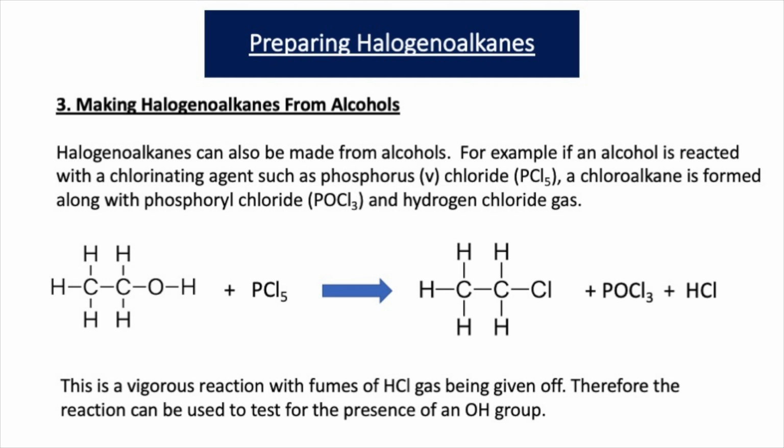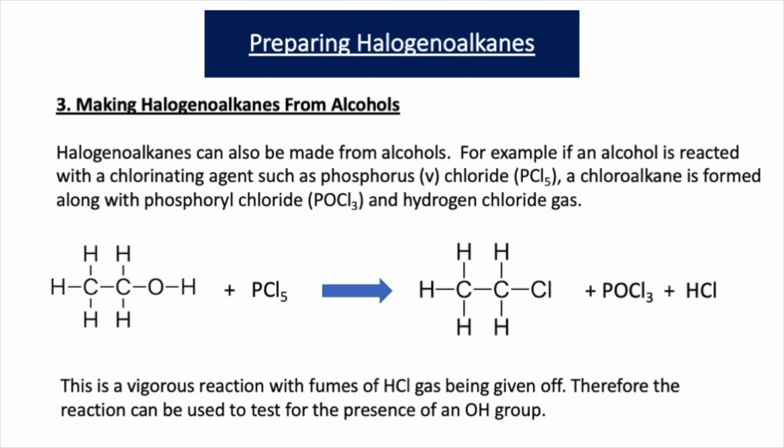Now if you react PCl5 with an alcohol such as ethanol, the OH in the alcohol is replaced with a Cl atom. And if we look at the equation, we have ethanol, C2H5OH, plus PCl5 makes chloroethane, C2H5Cl, plus POCl3, phosphoryl chloride, and hydrogen chloride gas.